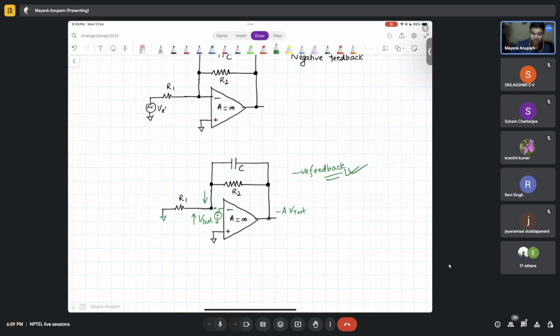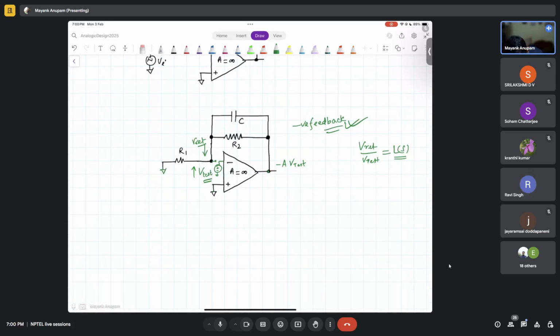It is covered, right? Anyway, loop gain is basically you break the loop and you apply the test voltage V test and you see what is V return. Then you take V return by V test. So that is loop gain. So tell me what is the loop gain here exactly?